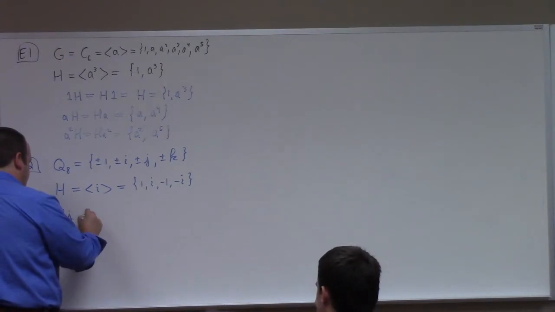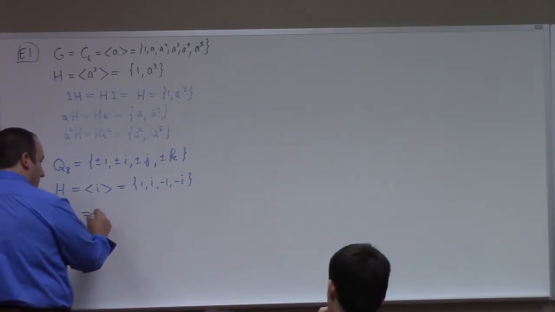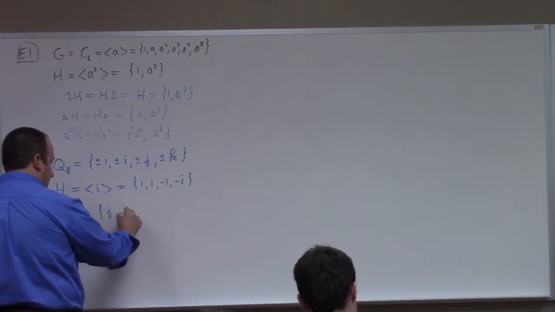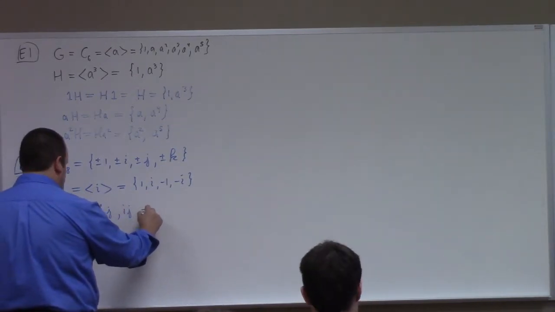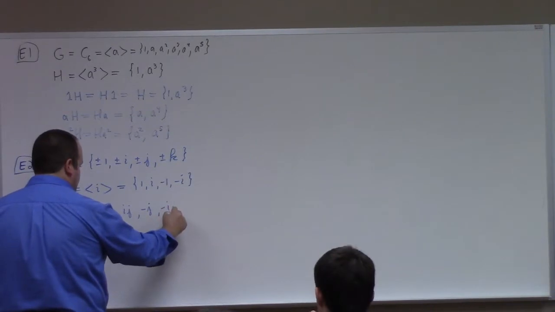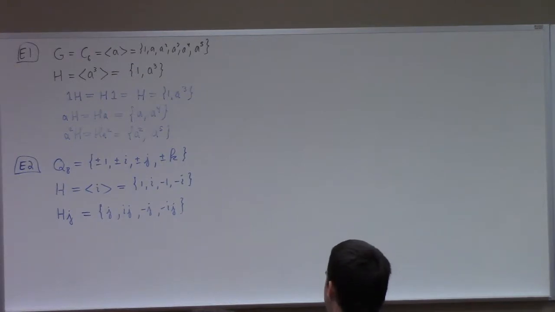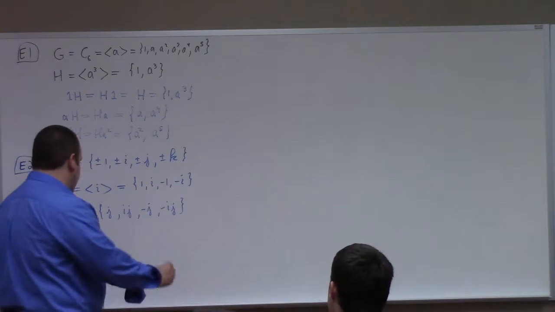If we take Hj, the right coset generated by j, that's going to give us j, ij, minus j, minus ij. So I'm just multiplying each element in the subgroup by the representative, generating this coset, j in this case. And then you know the rules for quaternions. We can simplify this.